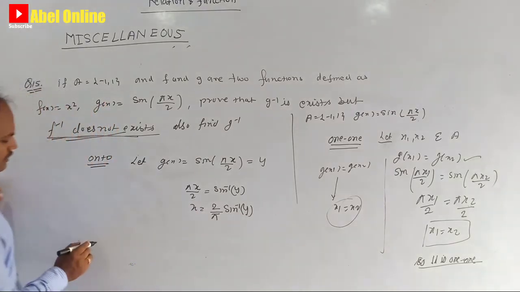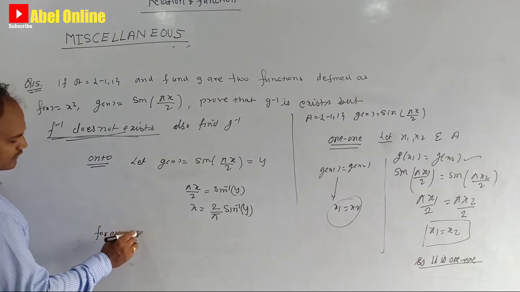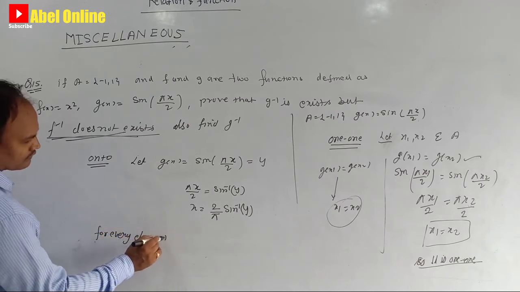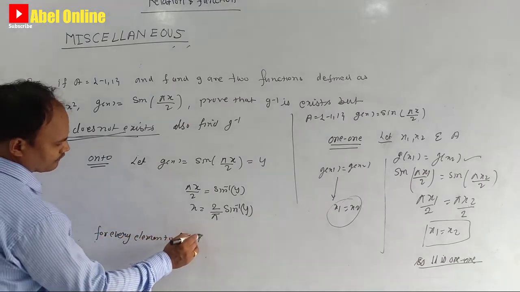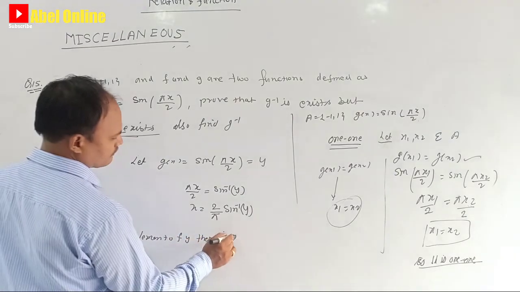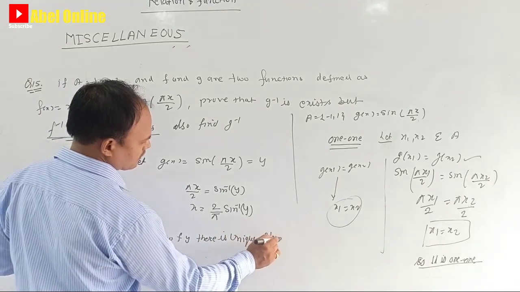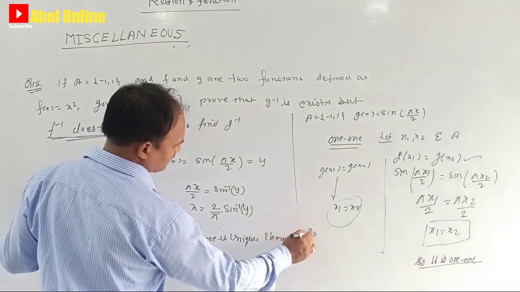So for every element of y, there is a unique element of x.